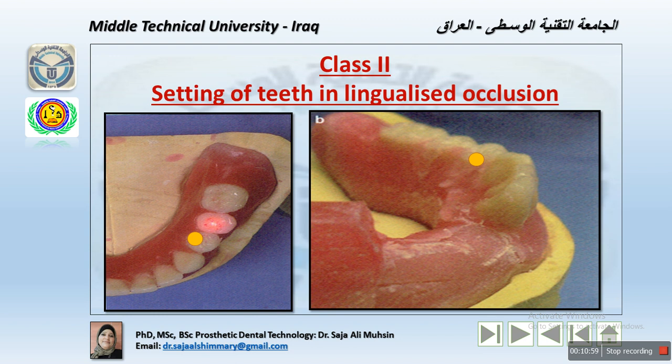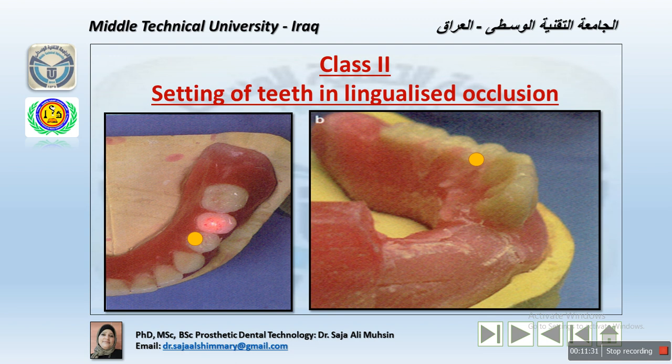And as I mentioned, the setting of teeth in natural occlusion in class 2 depends on the positioning of the mandibular artificial teeth. Now, with a class 2 relationship, inevitably, when positioning the premolar teeth, the lower premolars are positioned more lingually. We already said that they should be within the long axis of the residual ridge and the neutral zone.